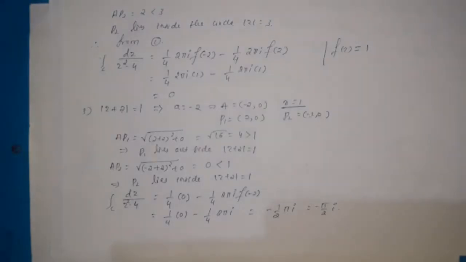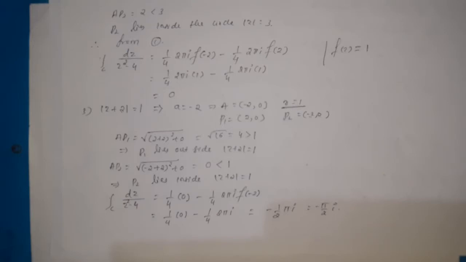So therefore for all the three circles we have evaluated the value of the integrals. Here first we need to check whether the point lies inside the circle or outside the circle.